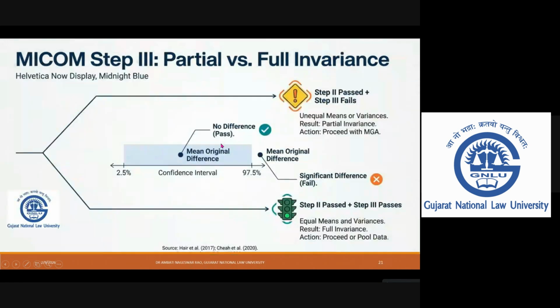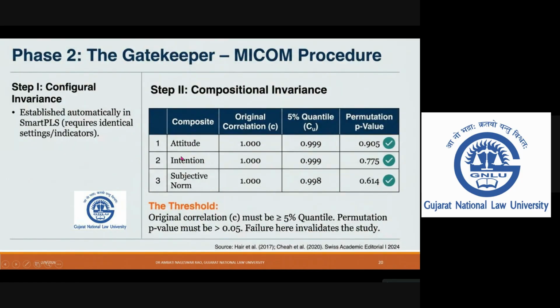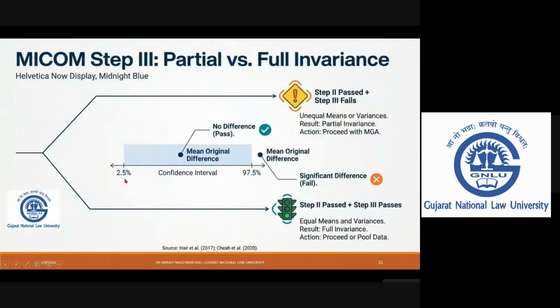Next one, step number 3. If you're able to fulfill step number 1 and step number 2, then only you can go for step number 3. As you can see in this slide, it is self-explanatory. If you are able to pass step number 2 and you fail at step number 3, like you got unequal means or variances, that is called partial invariance.